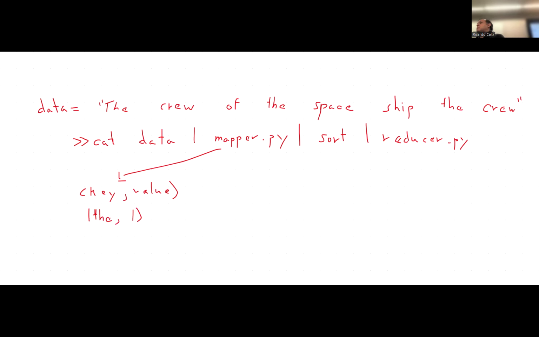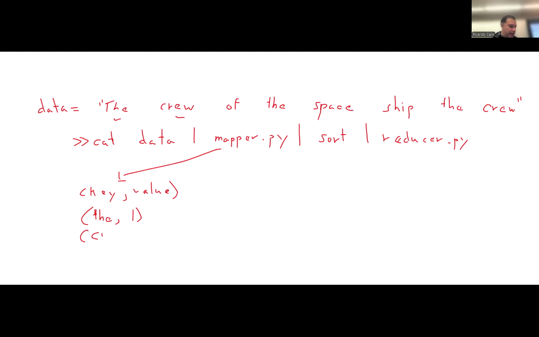Because we're counting, we're just saying there's one. And if you find another word, it's going to be that word, comma, one. And eventually, those are going to get added into the final value. So that's what we're doing. The next tuple would be the next word. So we've done this word, then this word, crew, comma one.